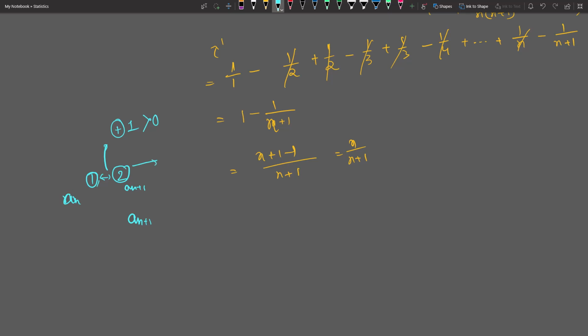But if I say this is the first term and the next is an plus 1, and their difference is negative, so this will be less than 0. So this is a monotonically decreasing function, and this is increasing.